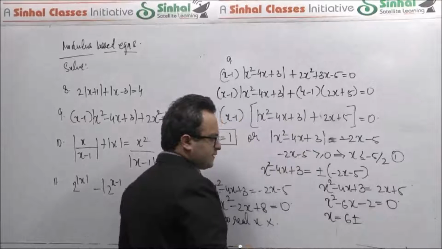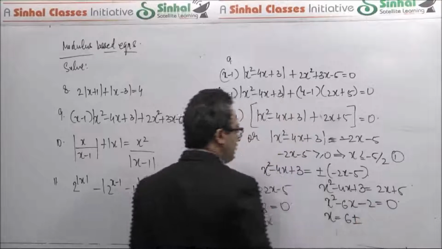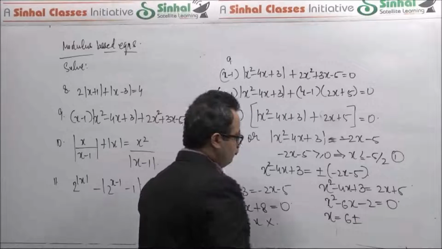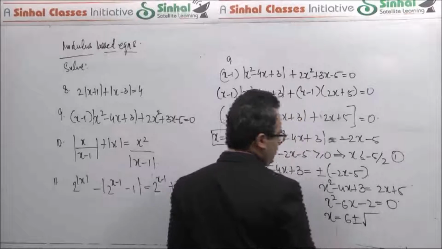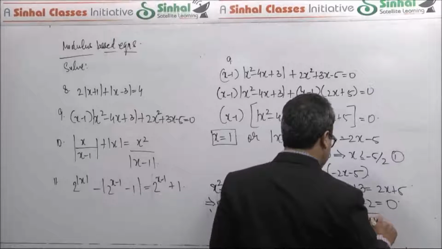So x square minus 6x minus 2 equal to 0 gives us that x is 6 plus minus under root the discriminant, which should be 36 plus 8, so that's 44, right?